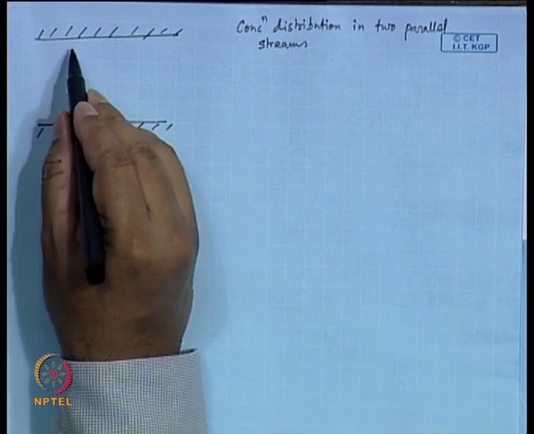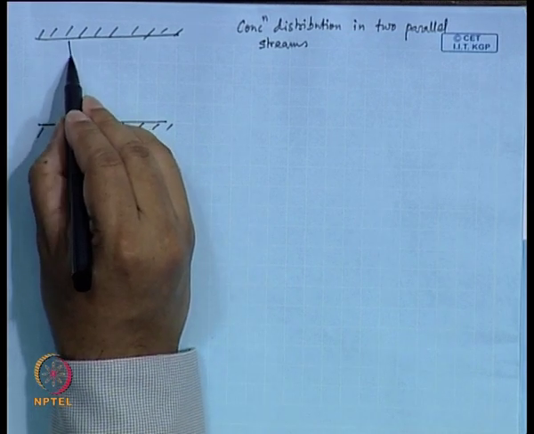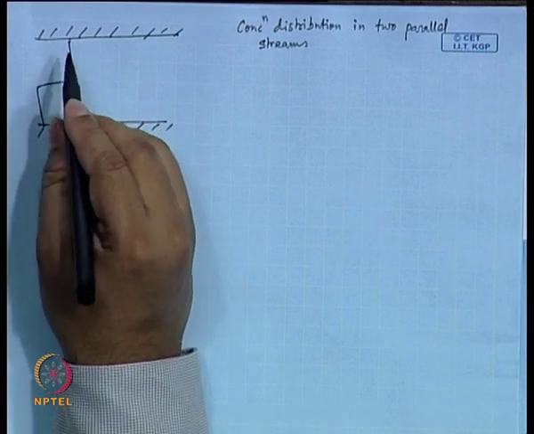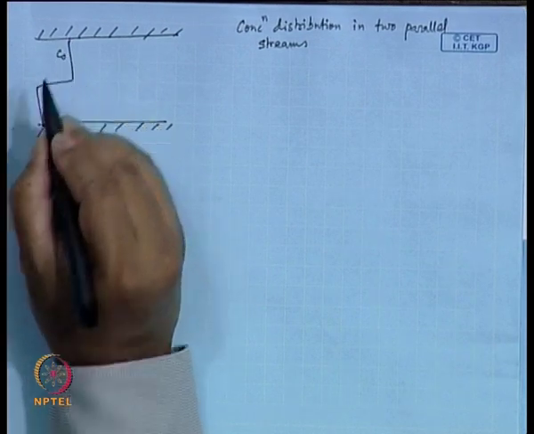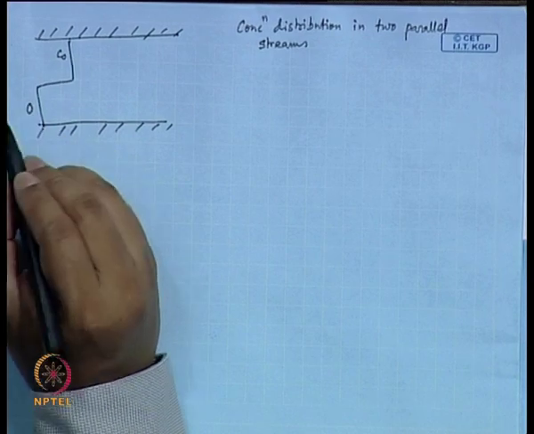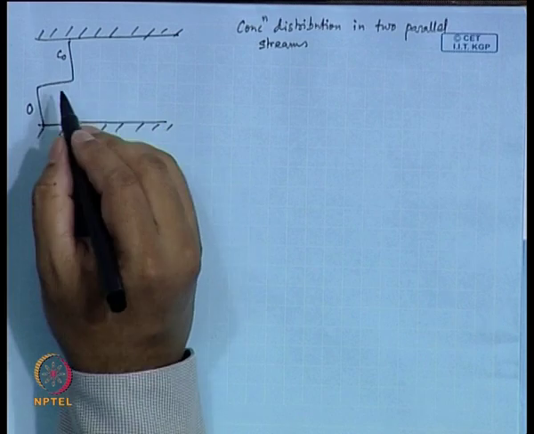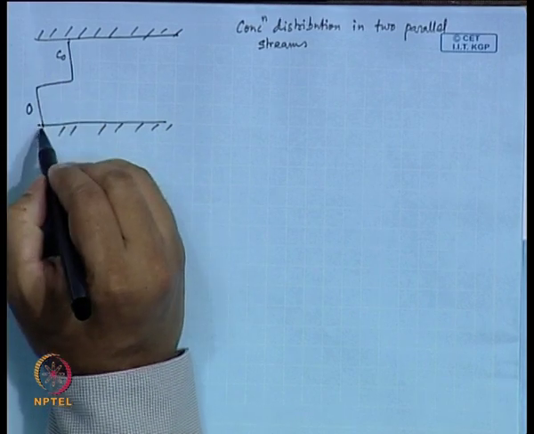Here you have two streams flowing parallelly, and the concentration looks like this. Here the concentration is C0 and here the concentration is 0. This is the concentration profile.